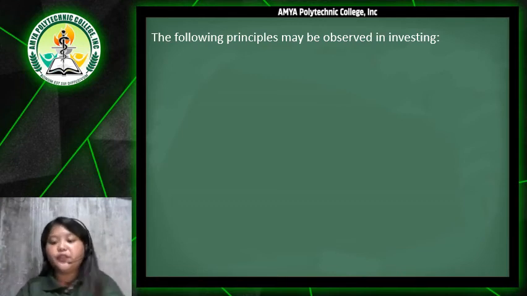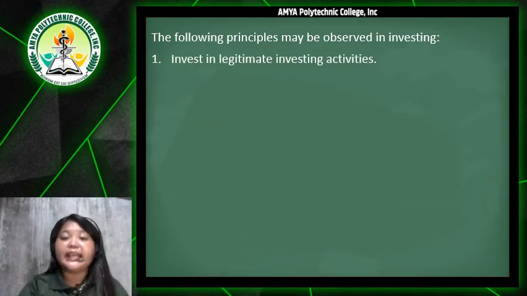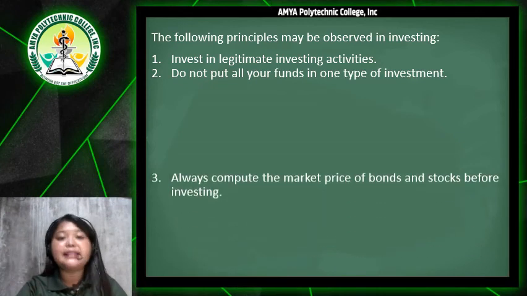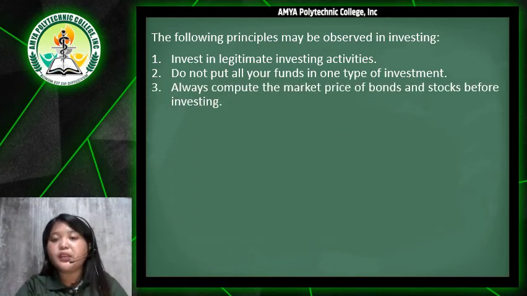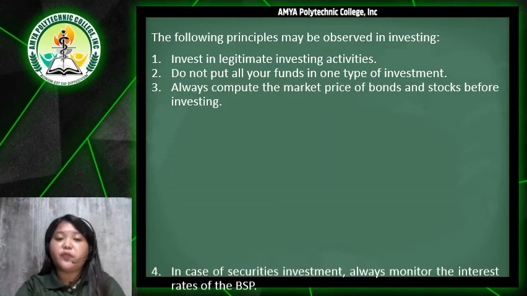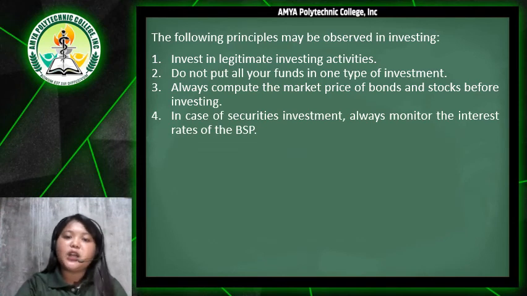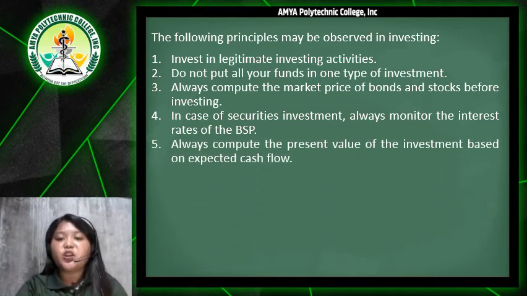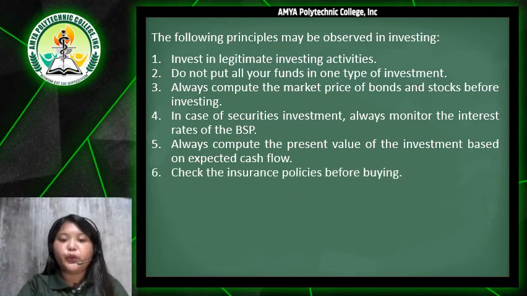The first one: invest in legitimate investing activities. Do not put all your funds in one type of investment. Always compute the market price of bonds and stocks before investing. In case of securities investment, always monitor the interest rates of the BSP. Always compute the present value of the investment based on expected cash flow.